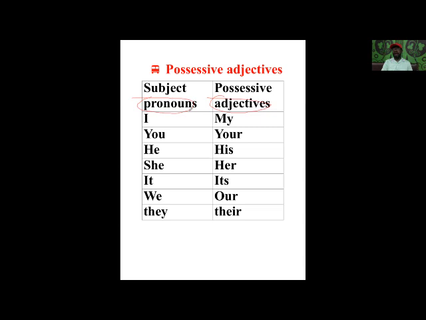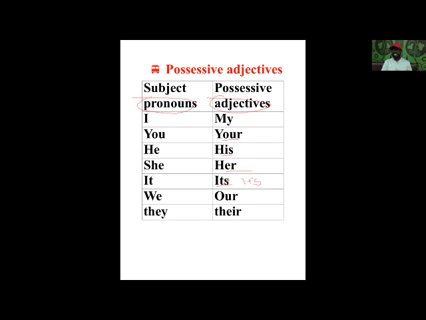I is a pronoun. You changes to your. He changes to his. She changes to her. It changes to its. I want you to see that there is another word which is it's with apostrophe. The possessive adjective doesn't have apostrophe.